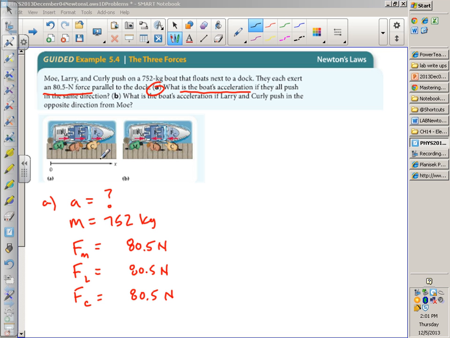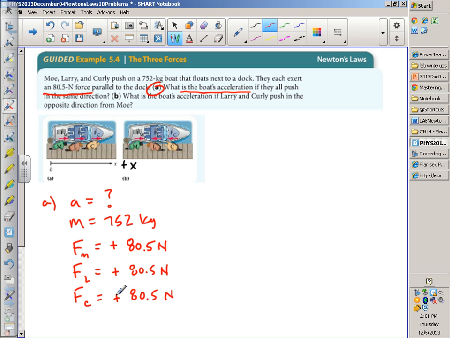I wish they would label this arrow as positive x, but they just label it as x. But they're telling you which way is going to be the positive direction and which way is going to be the negative direction. So in part A, when all of them are pushing this way, which direction are they all pushing in? Positive direction. So all of these forces really aren't 80.5 newtons, they're actually positive 80.5 newtons.